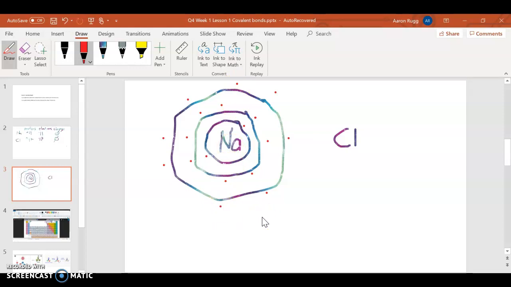But now it gets even bigger, so we can actually hold another 10. 1, 2, 3, 4, 5, 6, 7, 8, 9, 10.